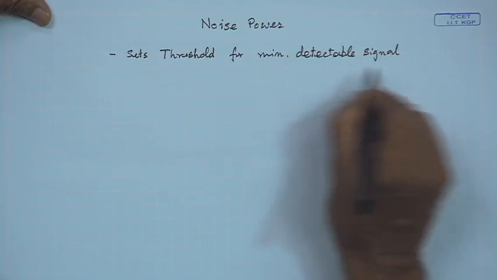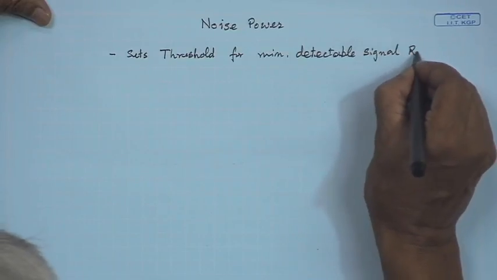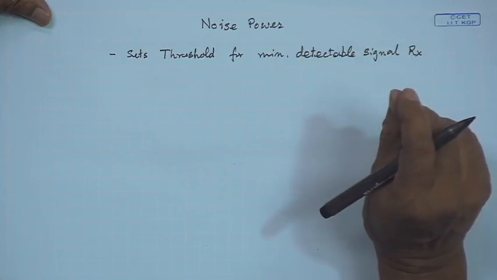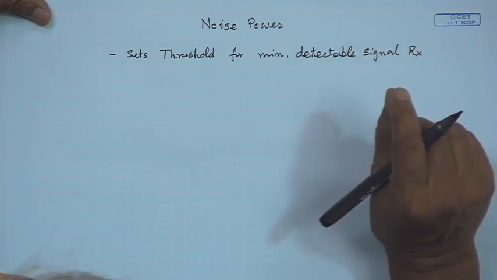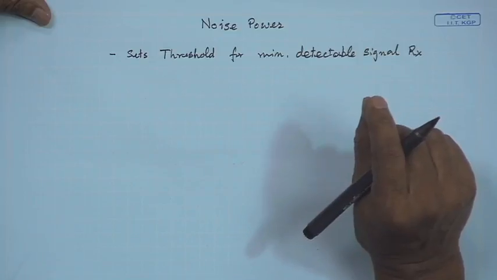It sets the threshold for the minimum detectable signal for the receiver. The receiver will have certain capacity to detect the signal out of noise. So, the noise level determines what will be the minimum detectable signal.